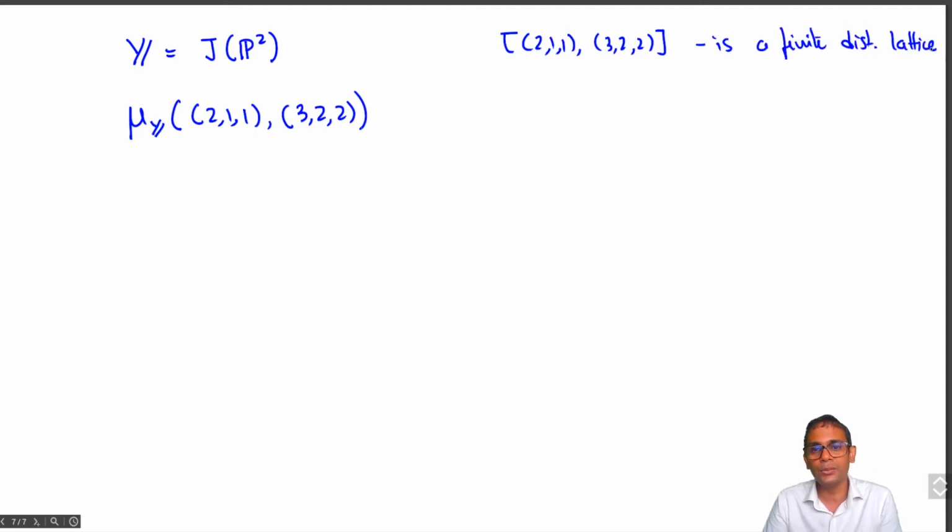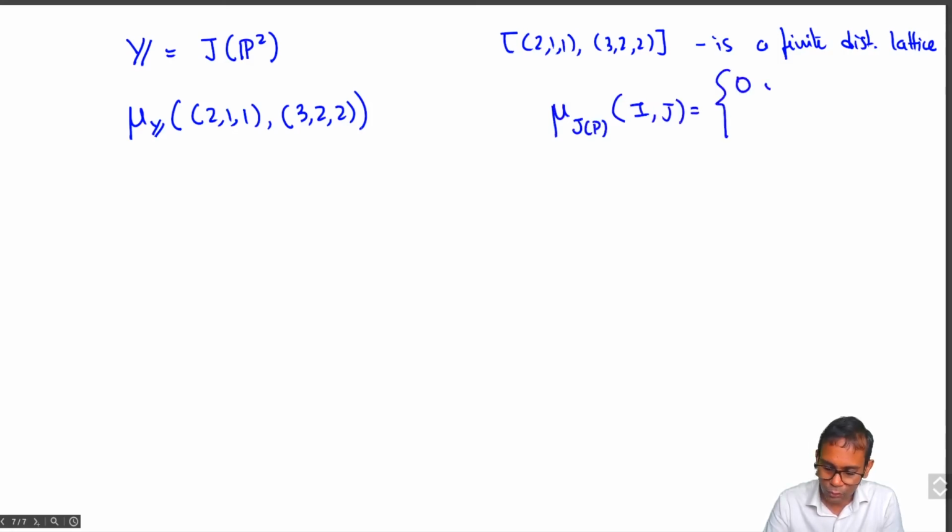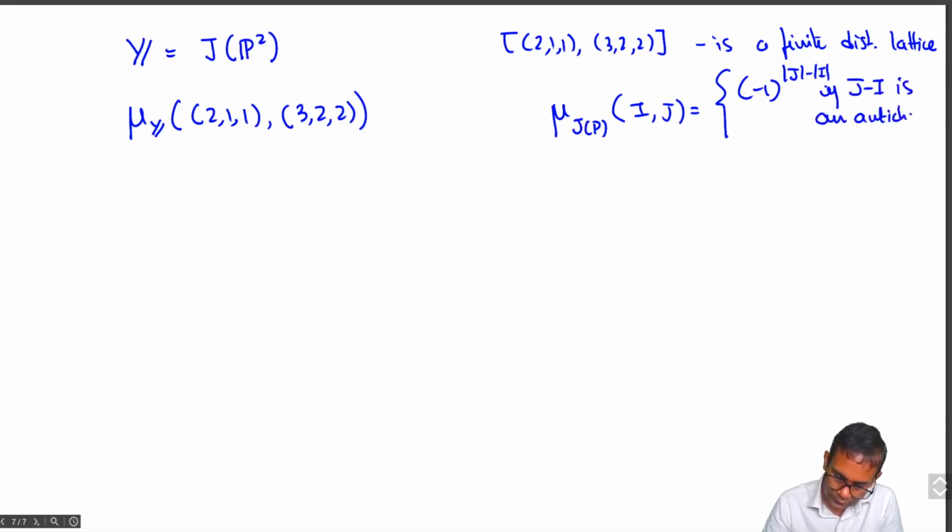And so we can try to compute the Mobius function by realizing this as the lattice of order ideals in some finite poset. Recall we'd shown in an earlier lecture that mu of I comma J in J of P is, firstly, 0 unless J minus I is an anti-chain. So let's write it like this. It's minus 1 raised to the size of J minus I if J minus I is an anti-chain, and it's 0 otherwise.